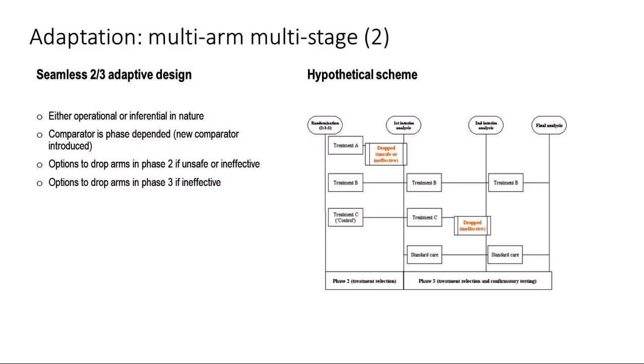Yeah. I don't see any reason why you can't do it. What you just need to do is to think about these things at the planning stage. When you are planning a trial, you say, okay, there are options for me to do these adaptations. Then you factor them into the design. There are some cases where you can even bring in a new treatment, right? Because we know, during Ebola, some companies were developing different treatments.